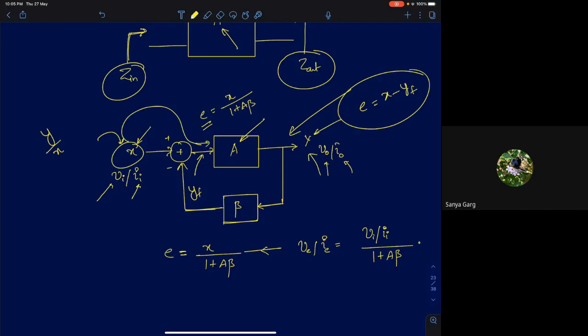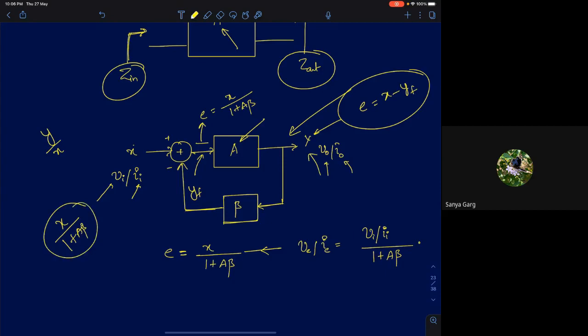In open loop, if there was no negative feedback, the entire input would usually appear across the amplifier. But with negative feedback, the actual input of this amplifier is E, and I have already derived this result many times. It is simply given by X divided by 1 plus A beta. A very small fraction of the input appears across the amplifier.